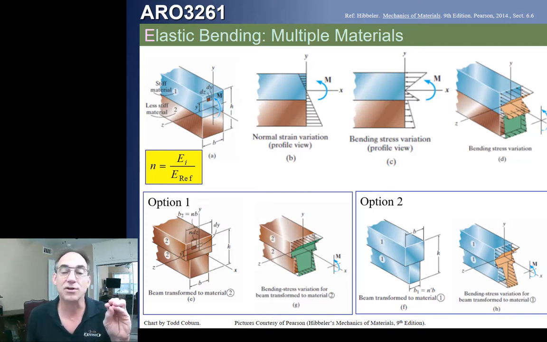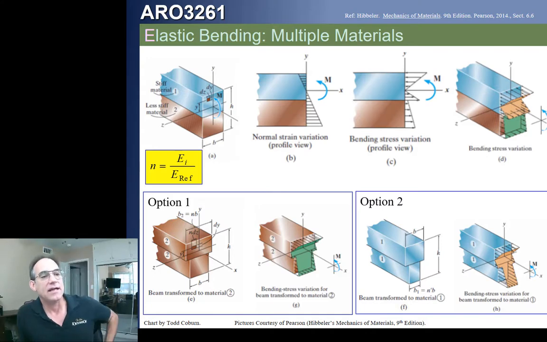Excuse me, the blue material is more stiff and the brown material is less stiff. We've got two approaches. We can make either one our reference. Option one, if we transform our material to the less stiff material, what we end up doing is effectively widening the other material. And in the other one, if we make our reference equal to the stiffer material, then we'll be effectively narrowing the other material.